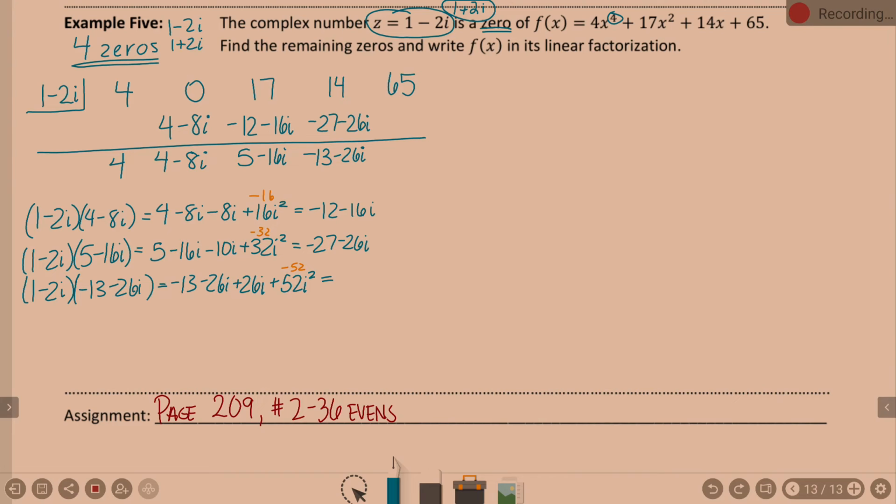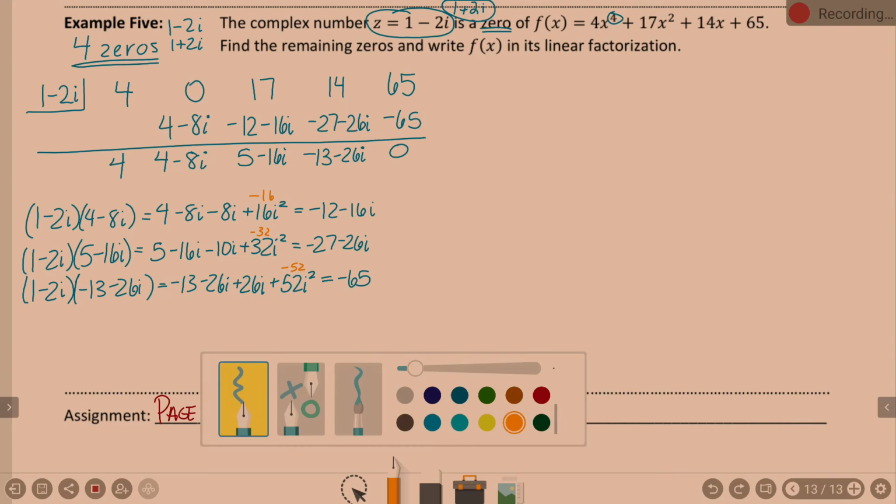Negative 13, it becomes minus 52, which does end up being negative 65. Put that up under 65, and we add and we get 0, which was the plan, right? That's what we needed to happen. They told us that was a 0, so all that tells me is I didn't make any mistakes.